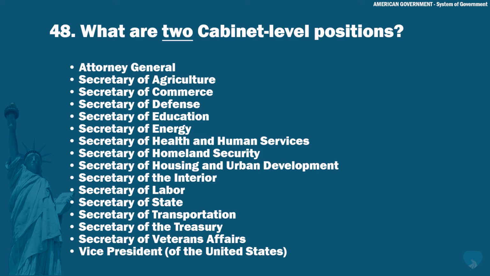Secretary of Homeland Security. Secretary of Housing and Urban Development. Secretary of the Interior. Secretary of Labor. Secretary of State, Secretary of Transportation, Secretary of the Treasury, Secretary of Veterans Affairs, Vice President of the United States.